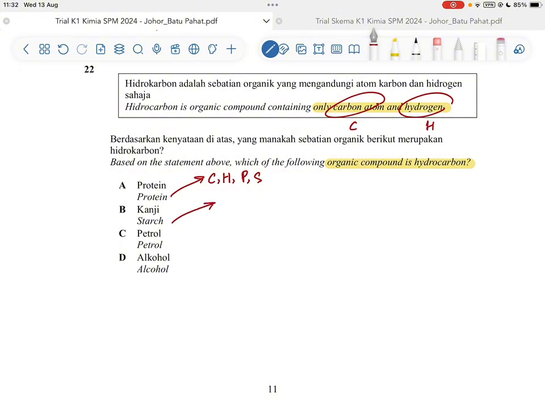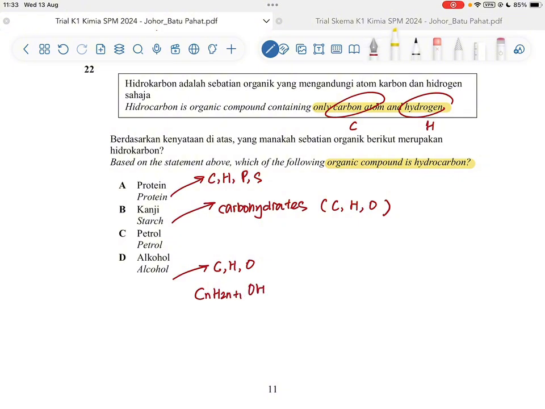For starch, it is actually a carbohydrate. The major elements that make up carbohydrates are C, H, and O, so this is also not the answer. Meanwhile, alcohol is an organic compound that contains C, H, and O, because the general formula for alcohol is CnH2n+1OH.